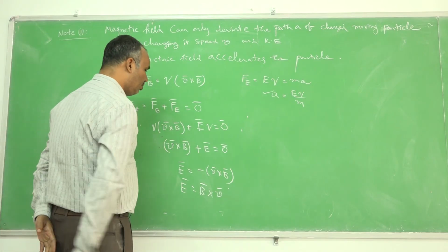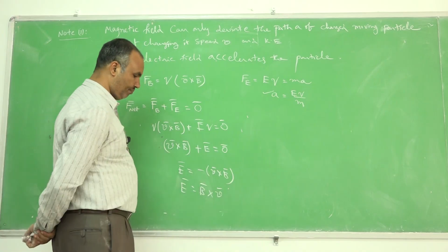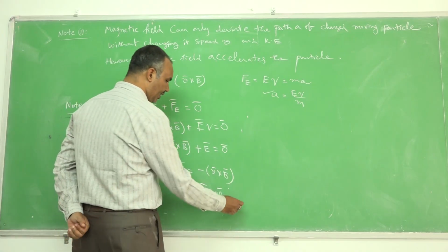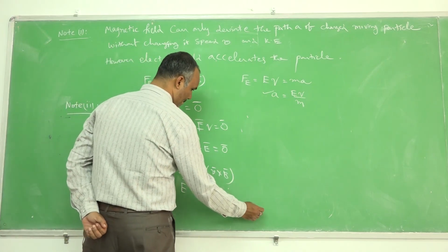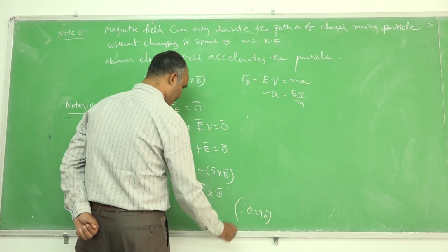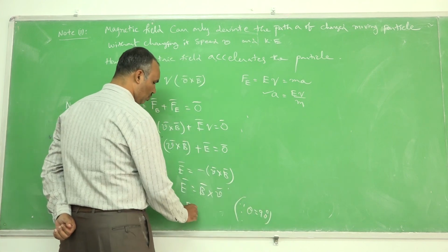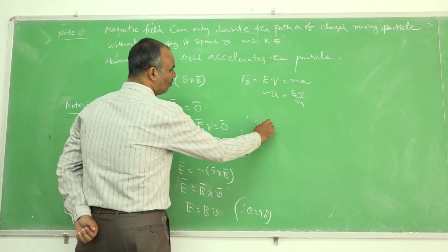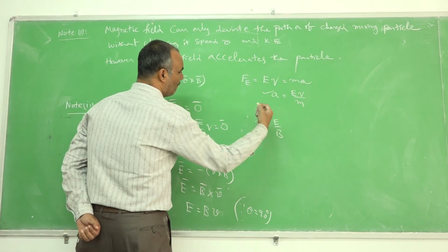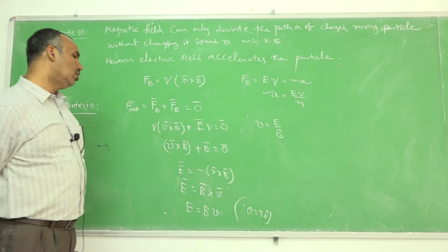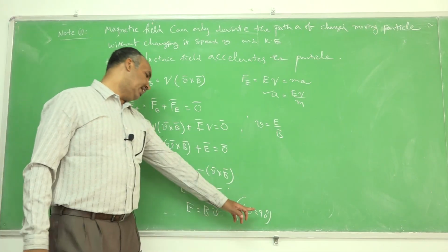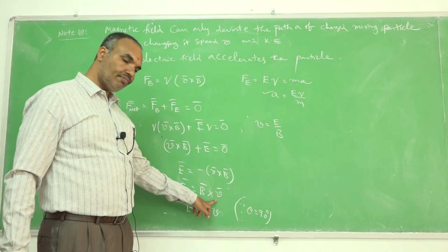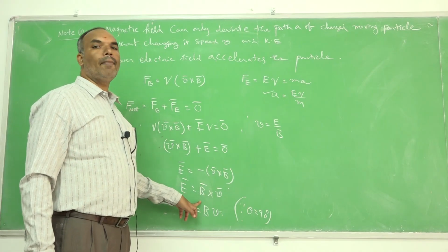If the angle between B and V is 90, if theta is 90, E is equal to BV or V is equal to E by B, where theta is the angle between the velocity vector and magnetic field vector.